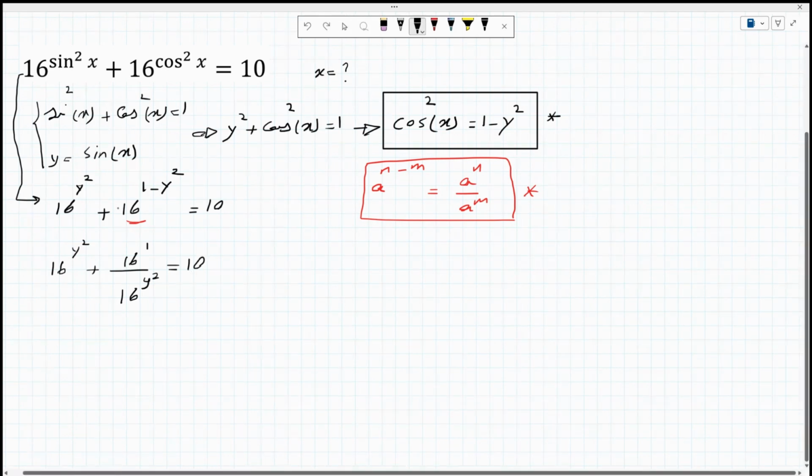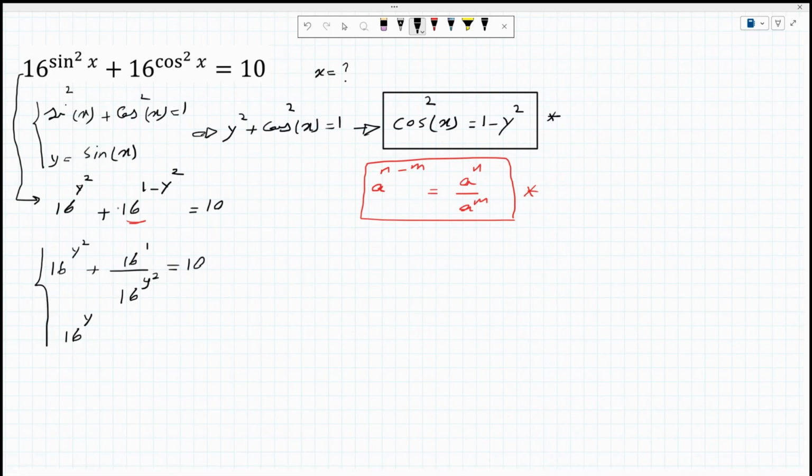I'm going to consider 16 to the power of y² as an independent variable. I will call it p, and with this assumption, this equation gives me p plus 16 divided by p equal to 10, just to simplify this.